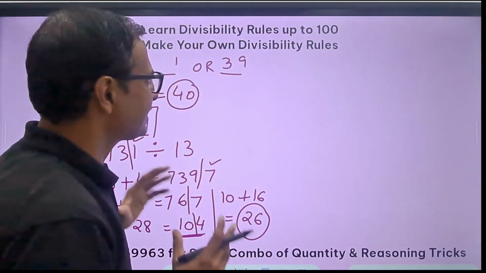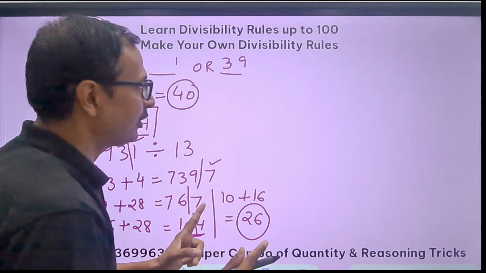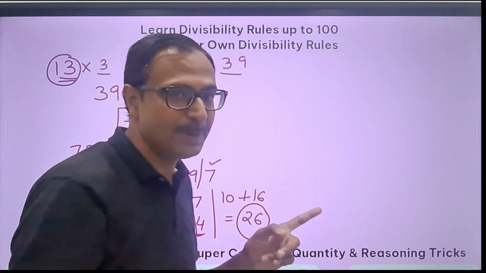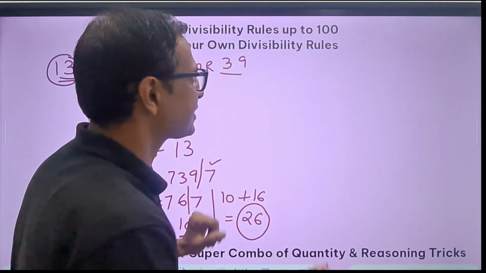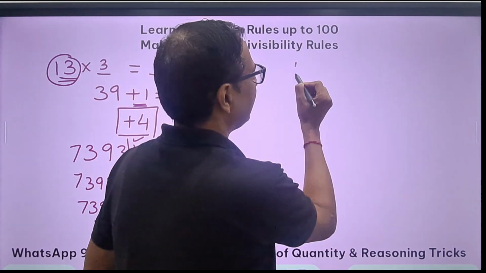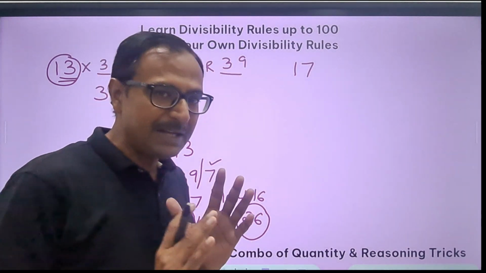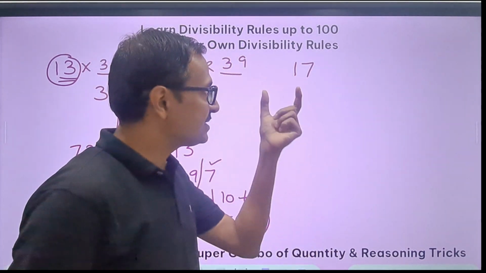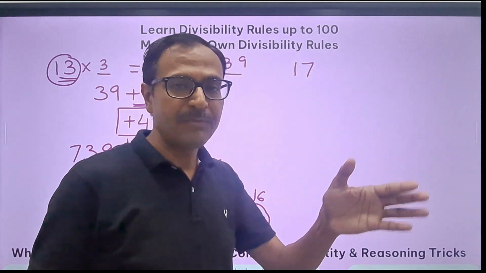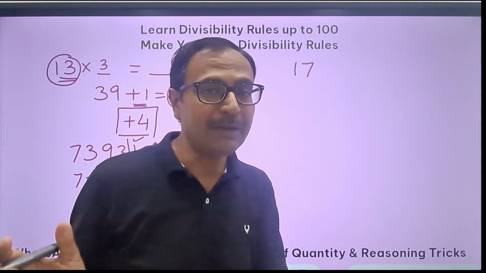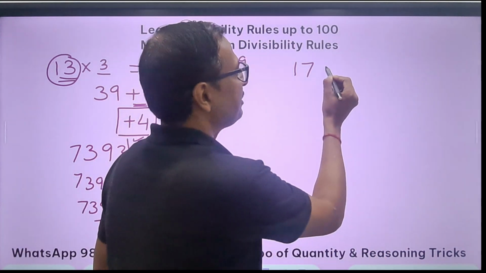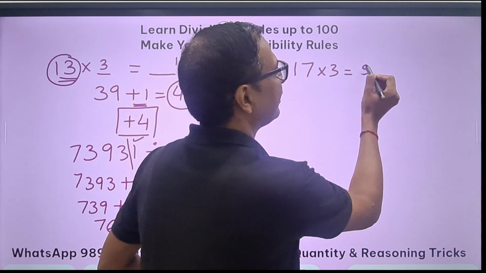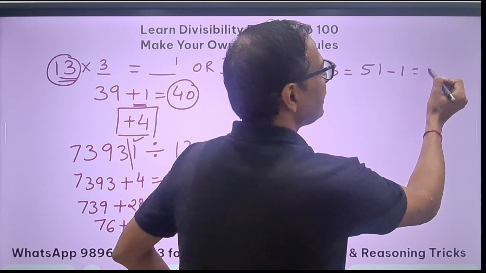Does it work? If you have understood like 70% of this now, this will work and you will start making your own divisibility rules for different numbers. Let's try for 17. If I want to end a multiple of 17 with 1 or 9, which one is easier? 17 times 3 is 51 and minus 1 gives me 50.